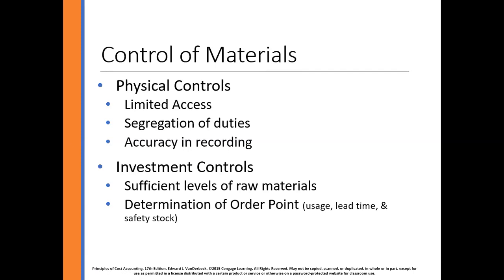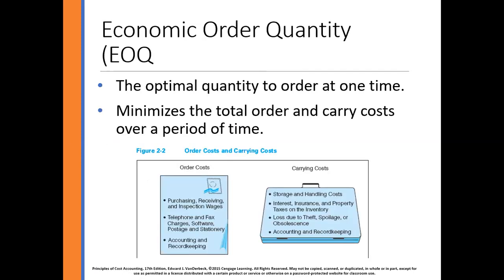As you can imagine with raw materials, we don't want to stock out, because that halts the production process. So we always want to have some safety stock consideration as well.